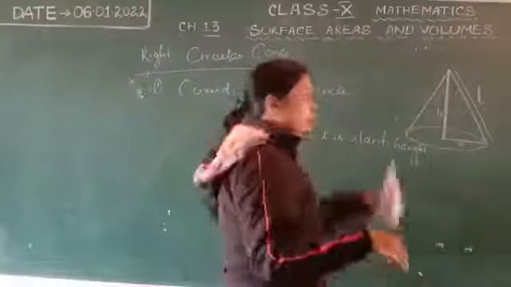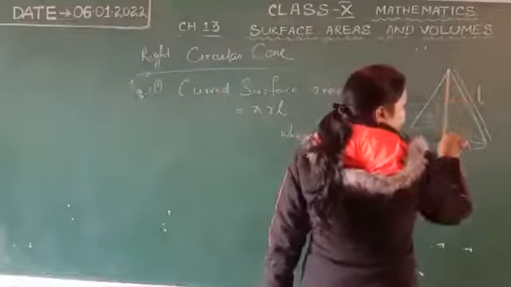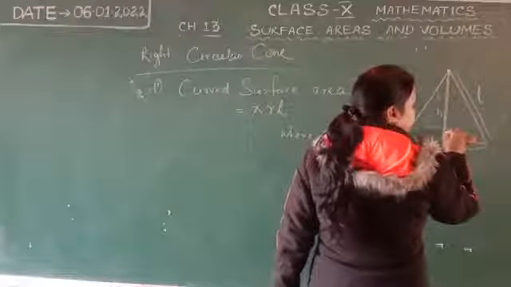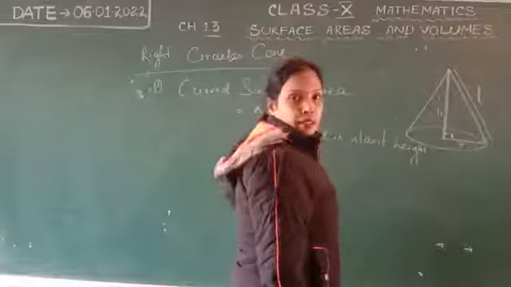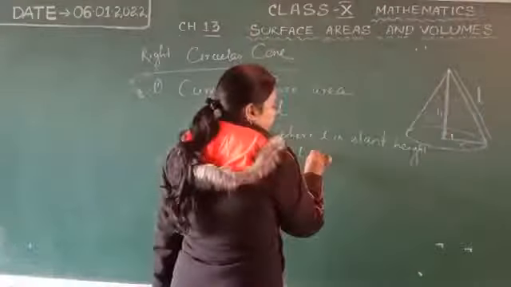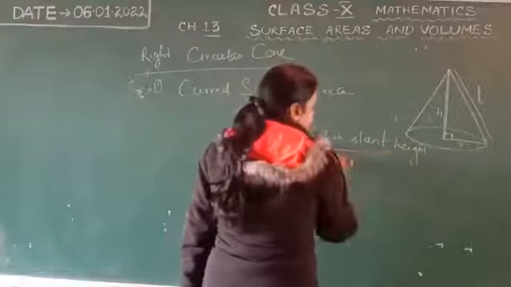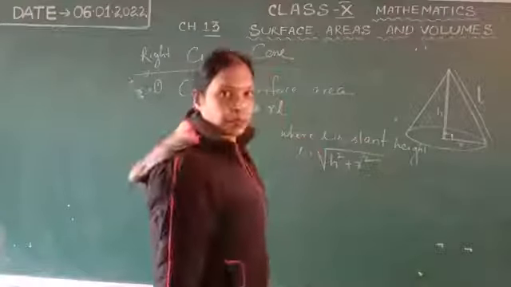So how to find L? Here you see, the height, radius and slant height make a right angled triangle. So by Pythagoras we can find L is equal to root over of h square plus r square.